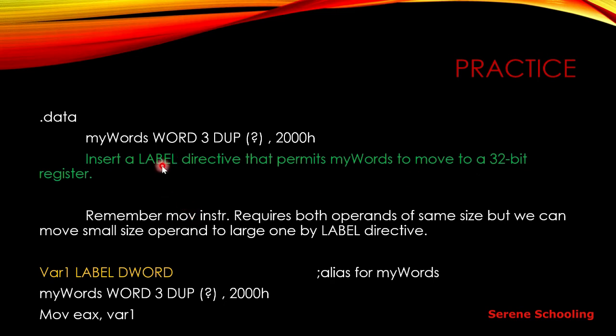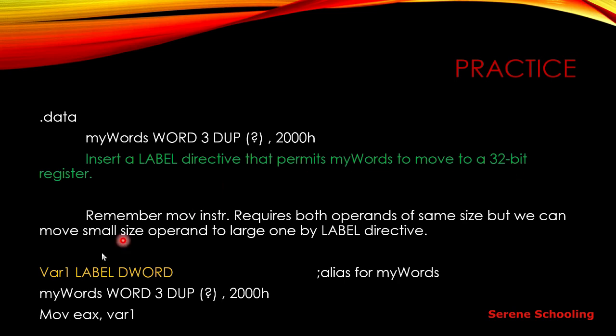We have to use an alias name for this my words. You can take any name as an alias name. Above the declaration of my words, you can declare the alias name, and you have to write the label keyword as it is, and then the type that we want to move. So in this example, we have to move to a 32-bit number, which means we have to use the type dword in our label statement, right?